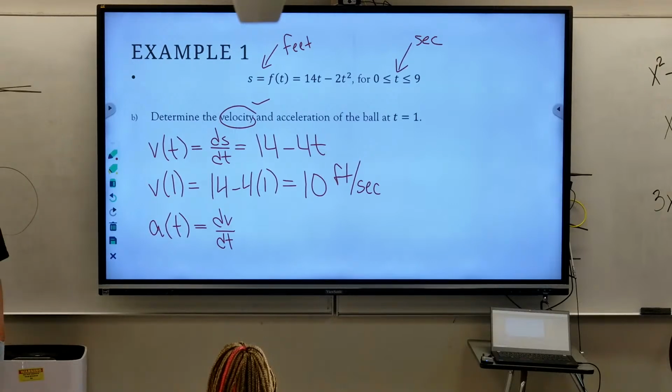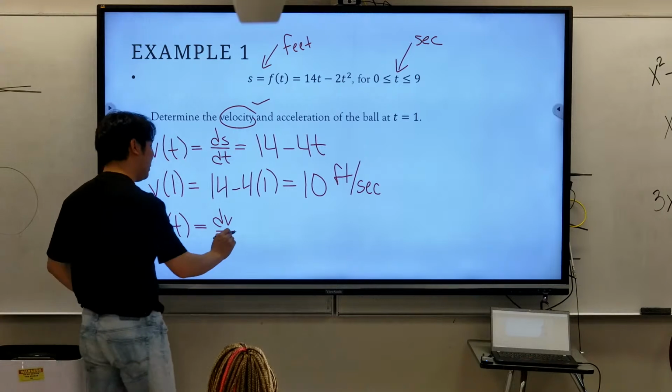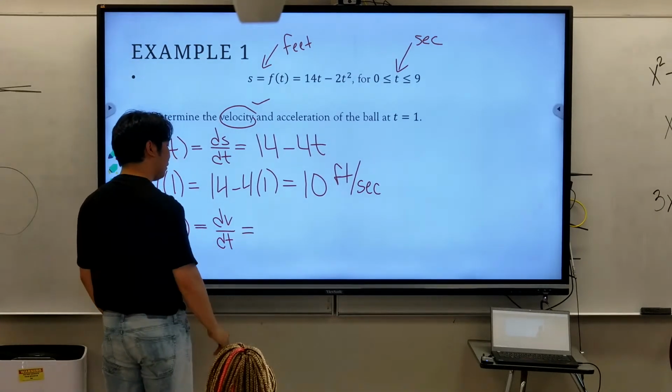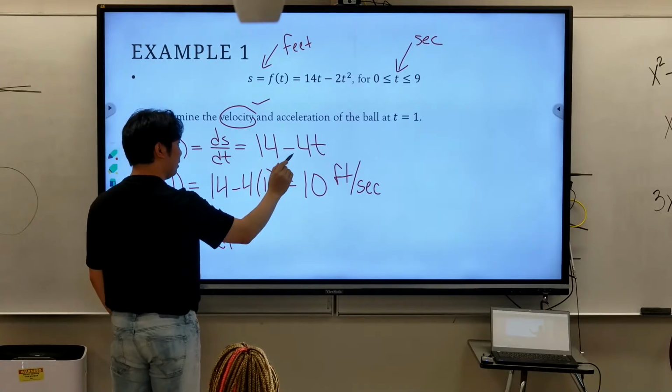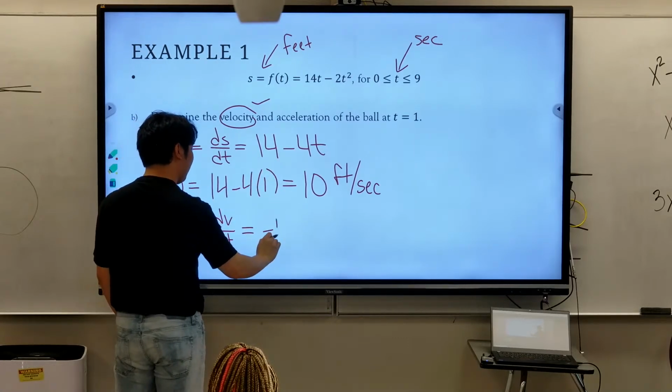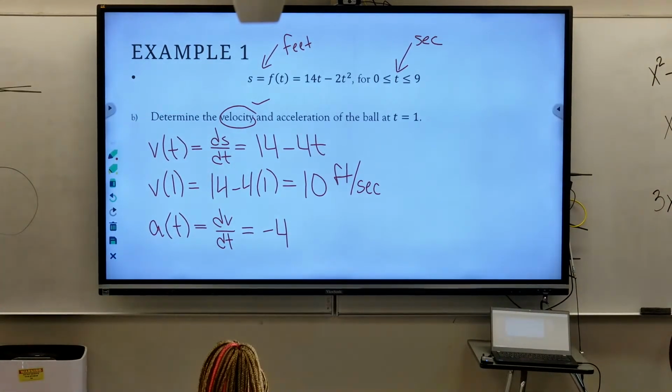So I just need a derivative of velocity. Here's my velocity function. What is the derivative of this function? So this part is 0. What's the derivative of this part? Yeah, so we have, in particular, -4. So I have my acceleration function.